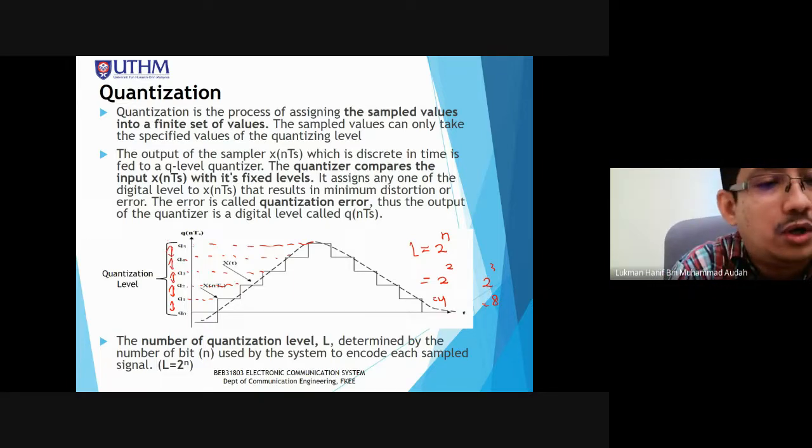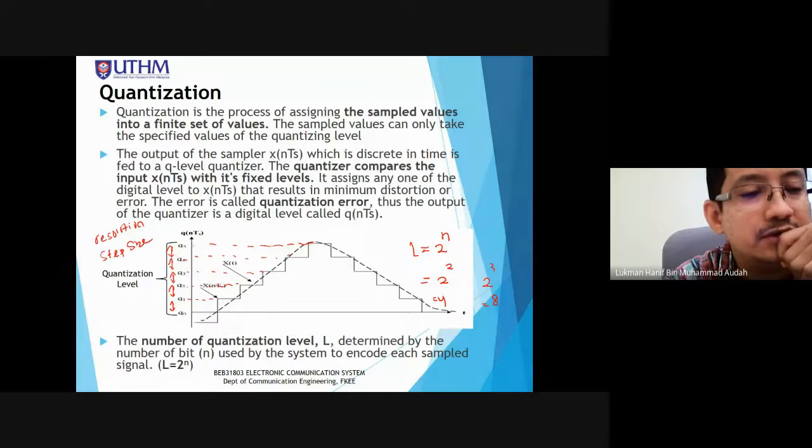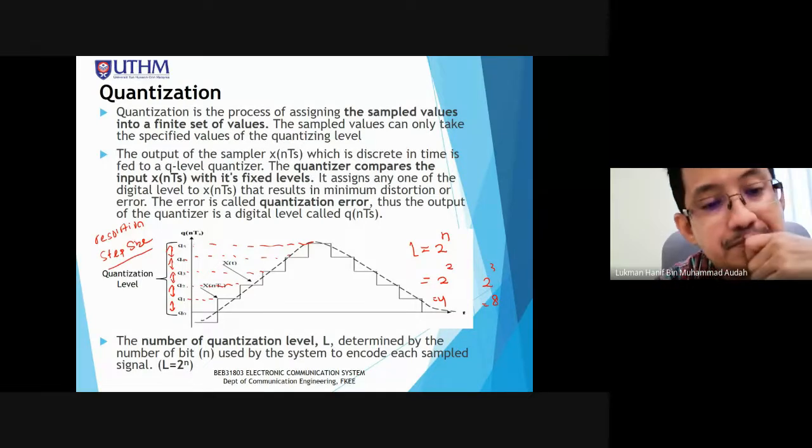This is what we call as resolution, or simply known as step size.